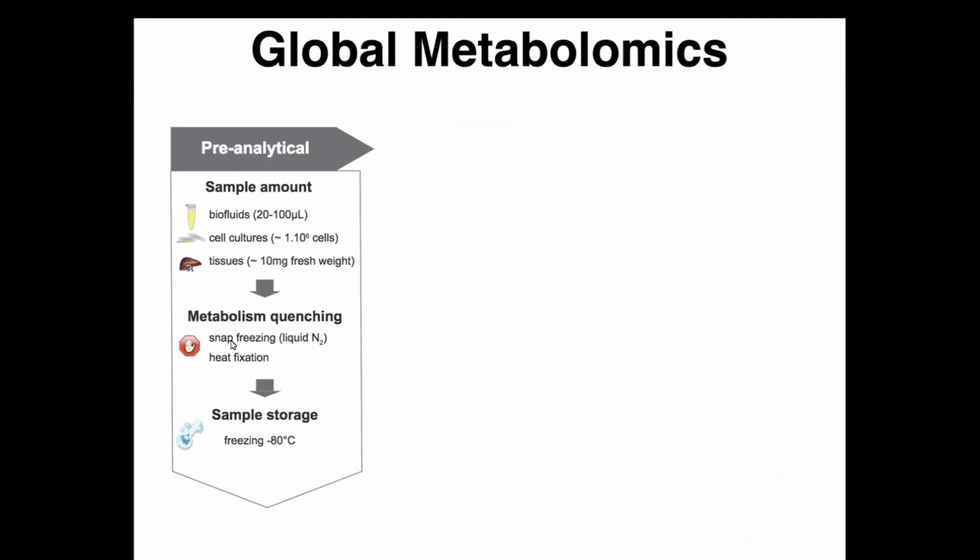And ultimately, the more sophisticated nature of the global metabolomics-based approaches results in quite a few more steps than in a targeted-based approach. Fortunately for us, it generally hasn't been a major bottleneck. It just requires a little bit more effort in designing the experiments and also preparing samples.